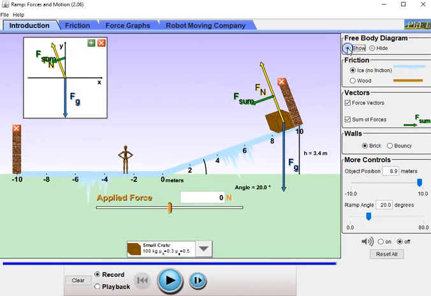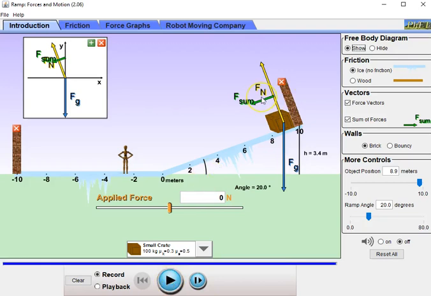Let's show the body diagram. Now, as soon as we look at this, the angle of the ramp is 20 degrees and the crate is resting on it at this point, it's resting because I have hit pause. It might not rest because there's no friction holding it back.